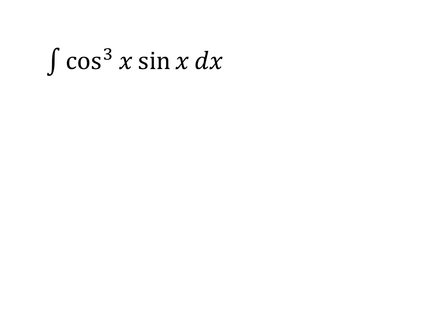Same as cosine of x quantity cubed. That would be the first thing I would look at, that's what that really means. And do we see anything where I take the derivative of one function, I get the other, sort of?